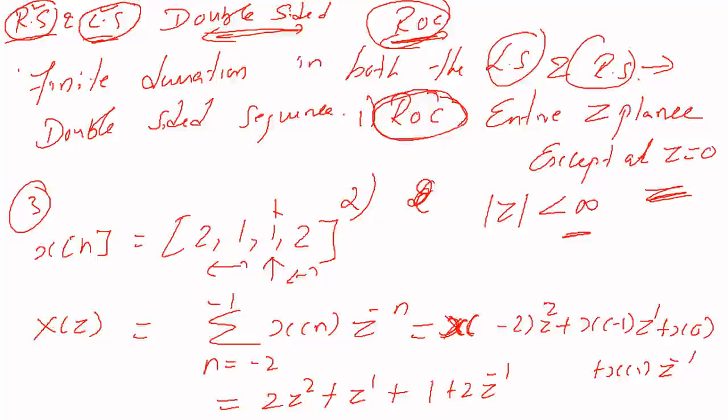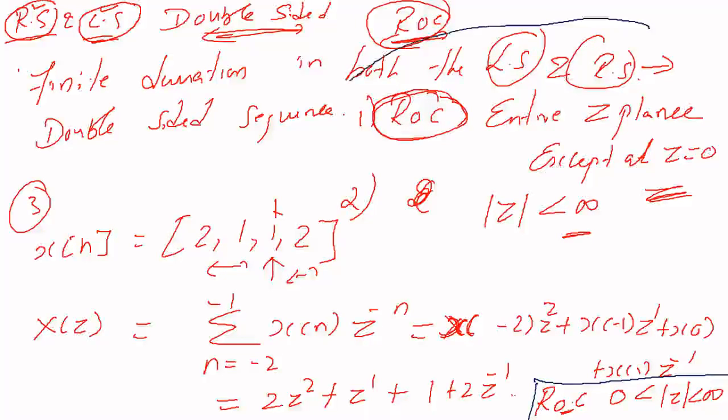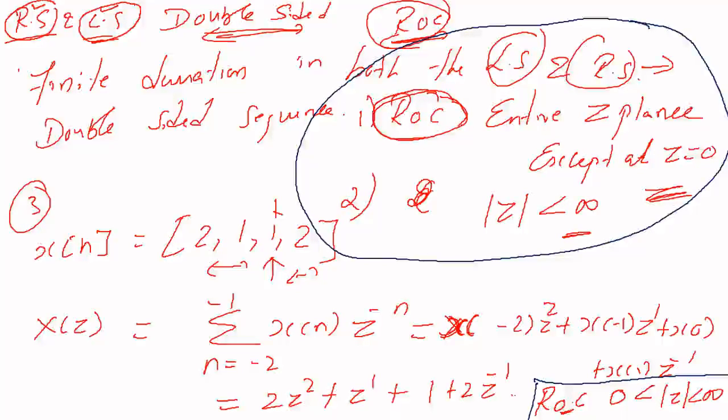So what is the ROC? Region of convergence is between 0 and lesser than infinite, because of these two conditions. Greater than 0 is the first condition, lesser than infinite is the second condition. Take this equation, the x of z equation.